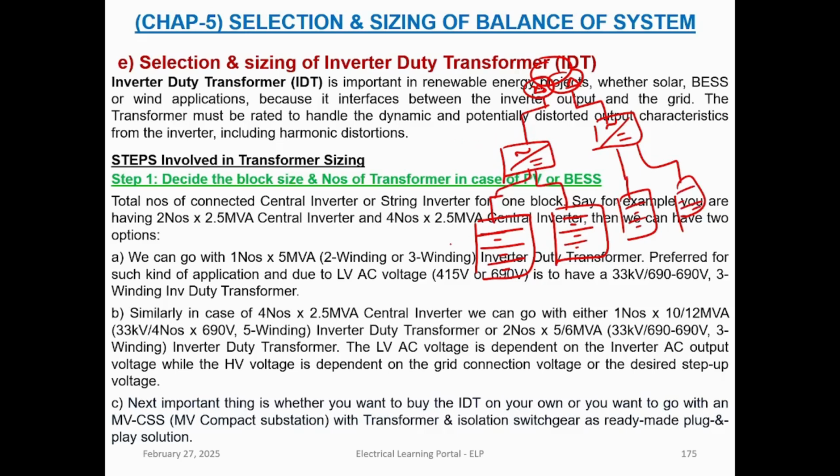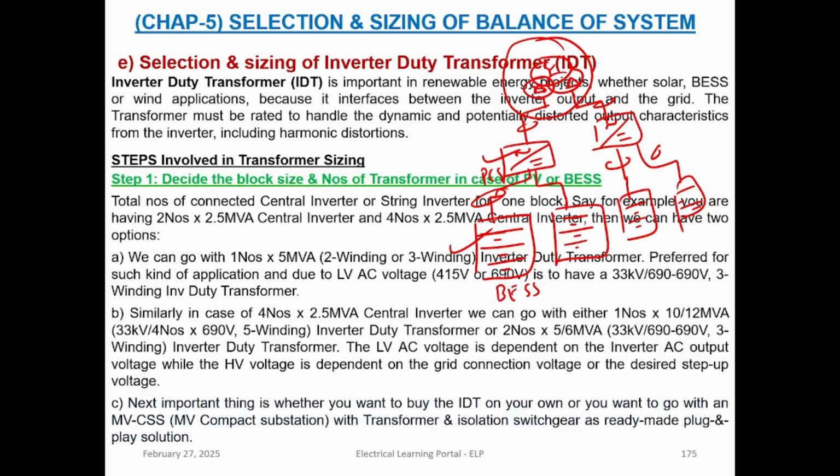But yes, we have understood everything related to battery, everything related to inverter, and things related to the cable sizing also. So now we move on to the next portion, the IDT. Because you know your energy storage container, you know your PCS, you know how to connect the PCS with inverter, and how to connect the PCS with transformer.